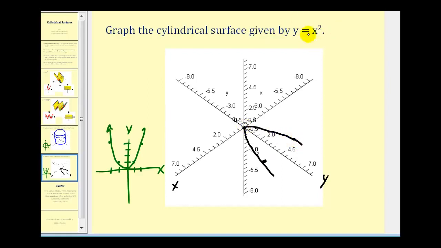Notice the equation does not have z, so all the rulings again will move up and down parallel to the z-axis. To give this a three-dimensional perspective, we'll go ahead and copy and paste this curve higher up along the z-axis. Something like this, and we'll go ahead and connect the corresponding points.